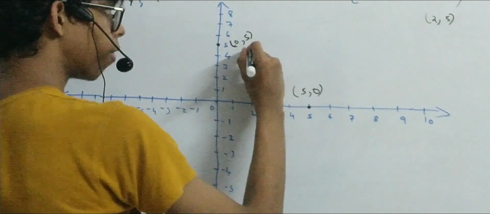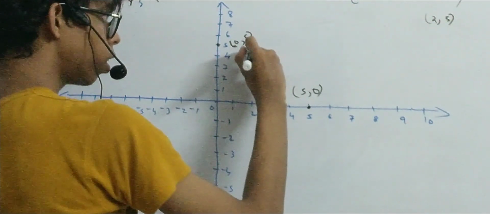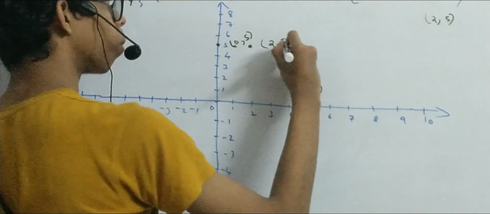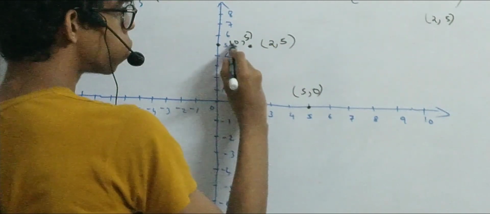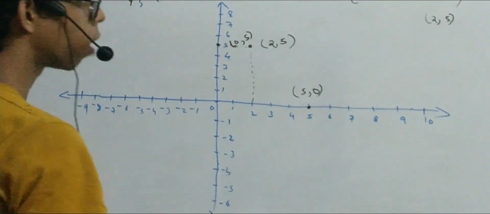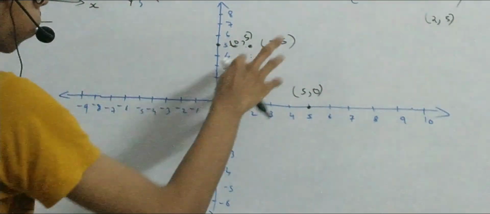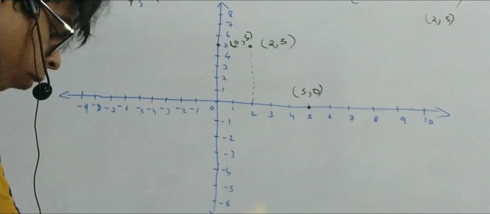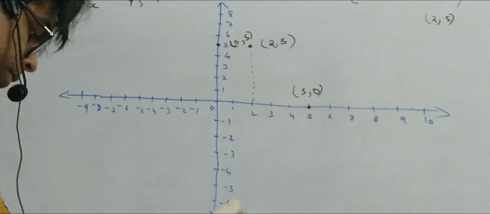So I will put a dot over this place. Okay, so this point will be your (2, 5). If you want, you can just join also like this. This joining and all is not at all compulsory. You can just simply put a dot over this 2 and this 5. Okay, so that point is your (2, 5).